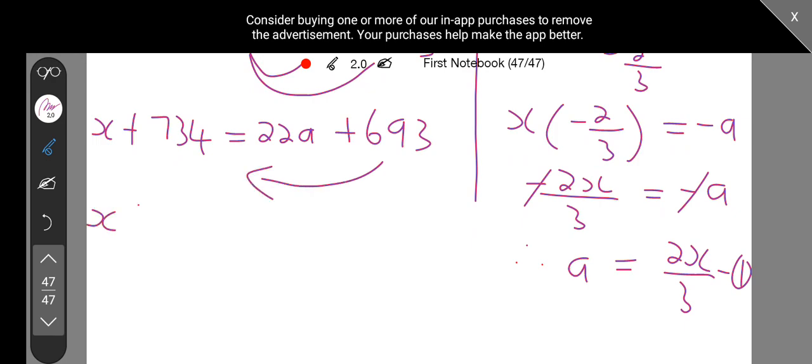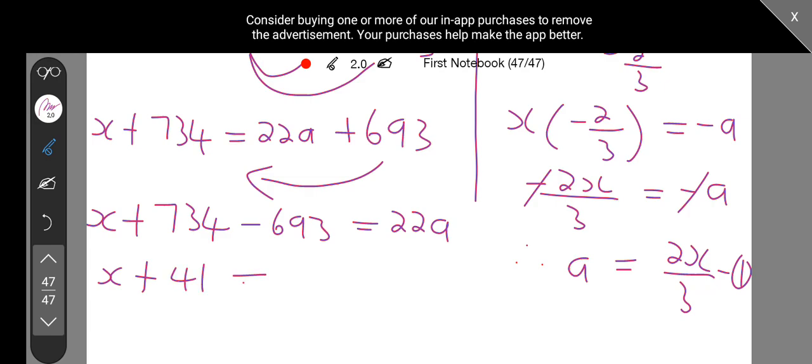We'll have x plus 734 minus 693 is equal to 22a. 734 minus 693 gives us 41. So x plus 41 is equal to 22a, and that is equation number 2.